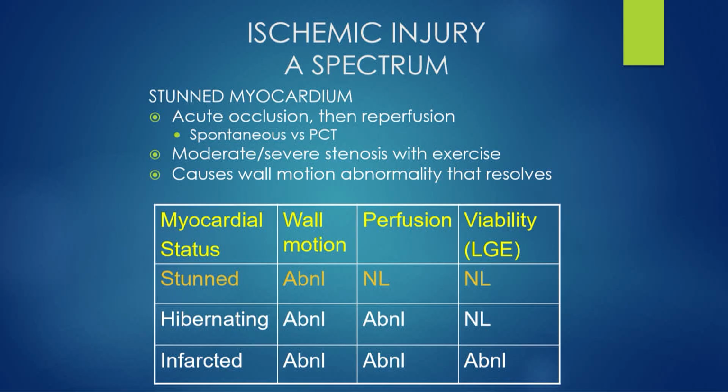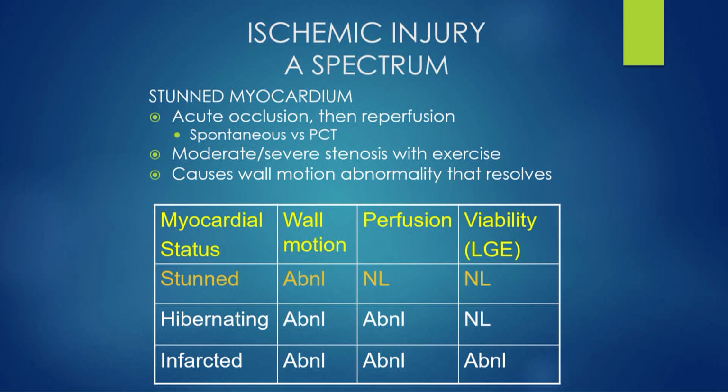So if you look at this table here, you can see in terms of the ischemic injury spectrum, there's really 3 levels. There's stunned myocardium, there's hibernating myocardium, and the one we deal with most is the last one, the infarcted myocardium. Stunned myocardium is basically where there's a momentary, this could be a temporary occlusion of a coronary artery where it resolves, and the myocardium's stunned, but then it resolves eventually.